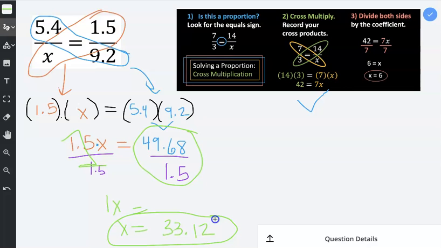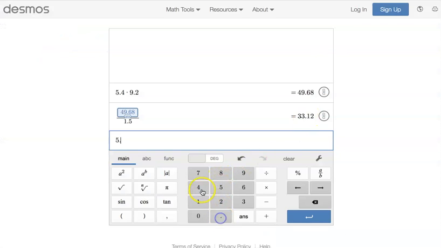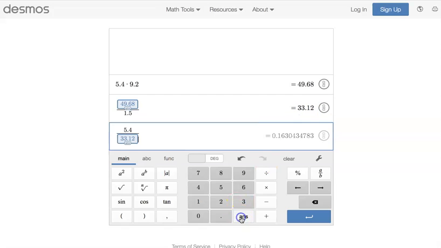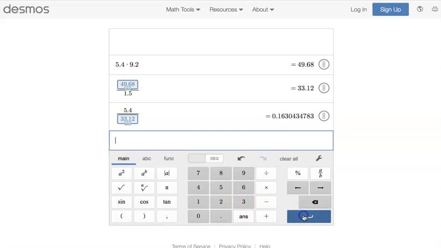If you want to check your work, the idea is that if we solve this properly, 5.4 divided by 33.12, that fraction should be equal to 1.5 divided by 9.2. I'm just going to show you really quick that 5.4 divided by, well, the 33.12 was the previous answer, so I'll just pull it.